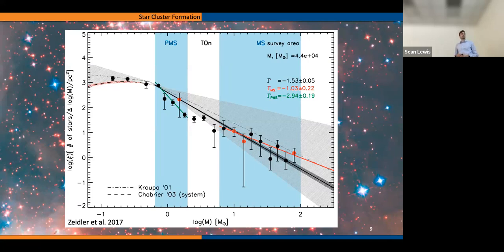So you can see stars that are to the left of 0, left of 1 solar mass, means stars less massive than our sun. There's much more of those than there are stars more massive than the sun. And very much so for the highest mass, or the furthest right on the x-axis, the fewest number of stars, those very high mass stars that contribute the majority of luminosity and feedback to a star cluster system.